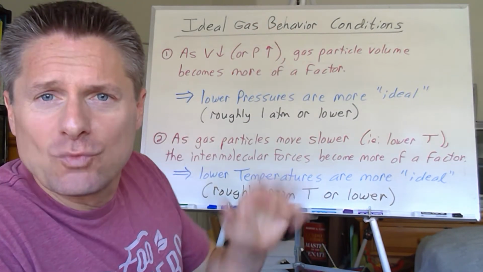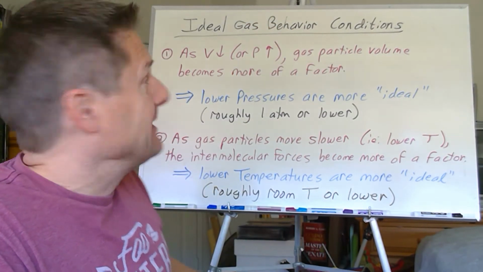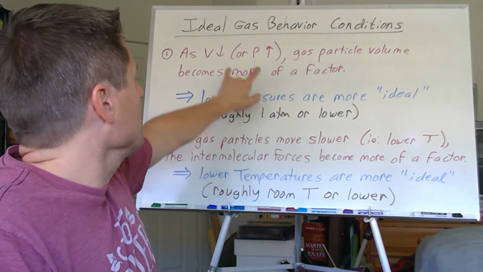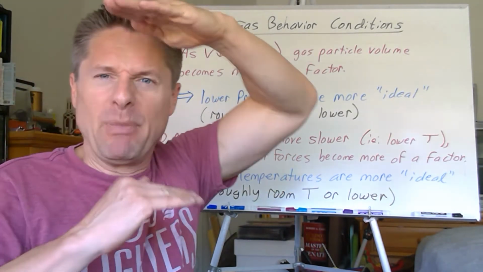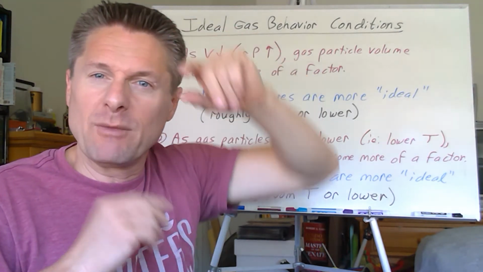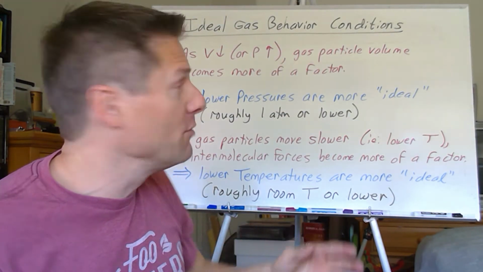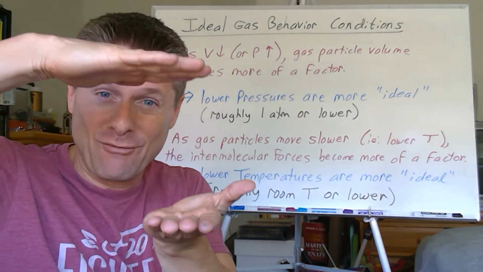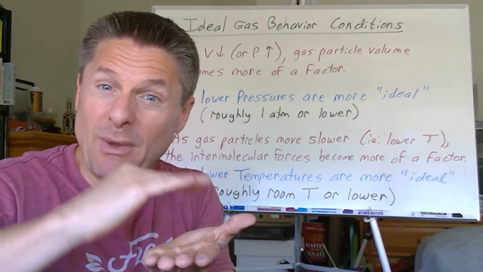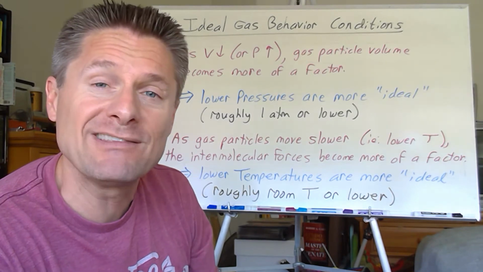But what conditions would we say generally would be ideal? Well, let's take a look at the two factors, right? Remember that picture I showed you with the bigger container volume? The bigger the volume, the less relevant the gas particle size was. It didn't matter. They had more room to move. And as you shrunk the container volume, the gas particles took up a larger percentage of the overall space involved.